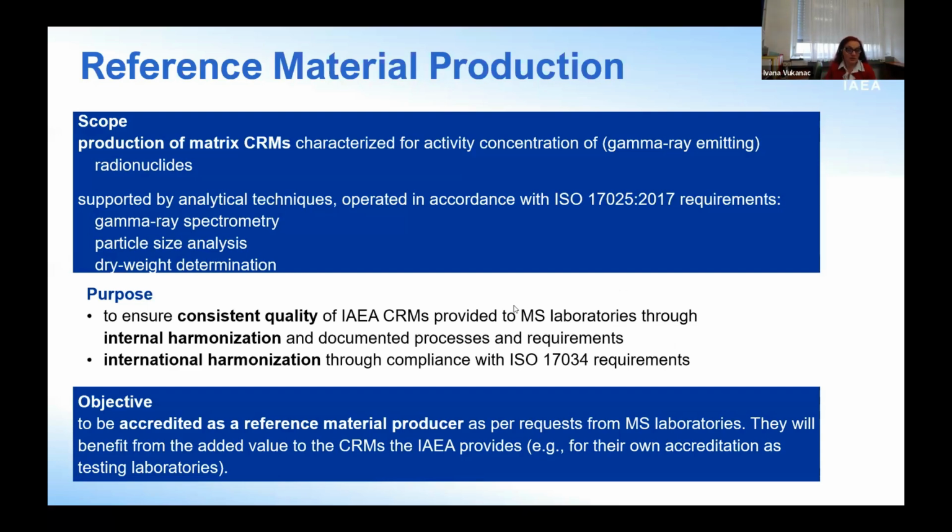This production is supported by three analytical techniques: gamma ray spectrometry, particle size analysis, and dry weight determination. The purpose of the accreditation is to ensure consistent quality of produced reference materials and to achieve international harmonization through compliance with standard requirements.